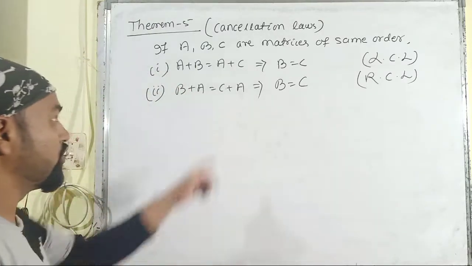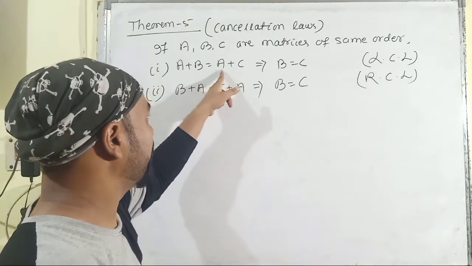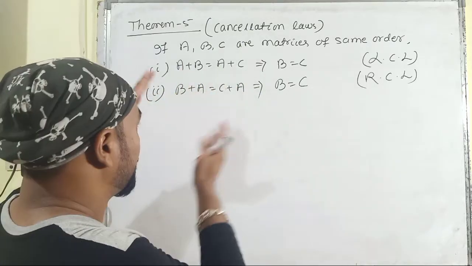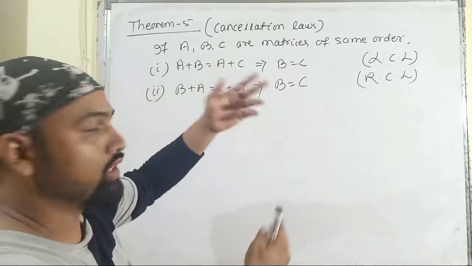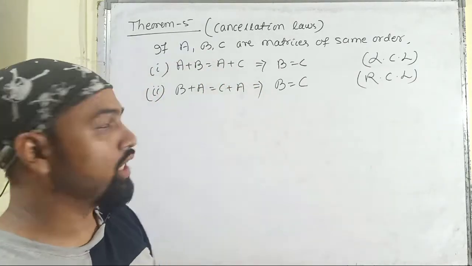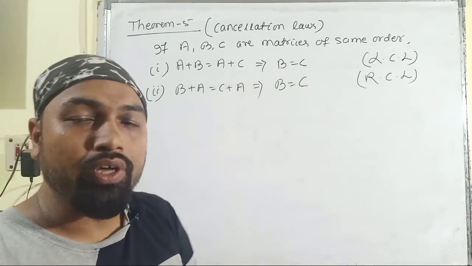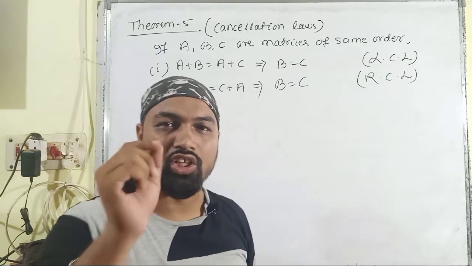If A plus B is equal to A plus C, then B is equal to C. That means we cancel the common matrix A from the left side. In both sides, A is on the left, and we can cancel it from both the left hand side and right hand side, which gives the result B is equal to C, called the left cancellation law.